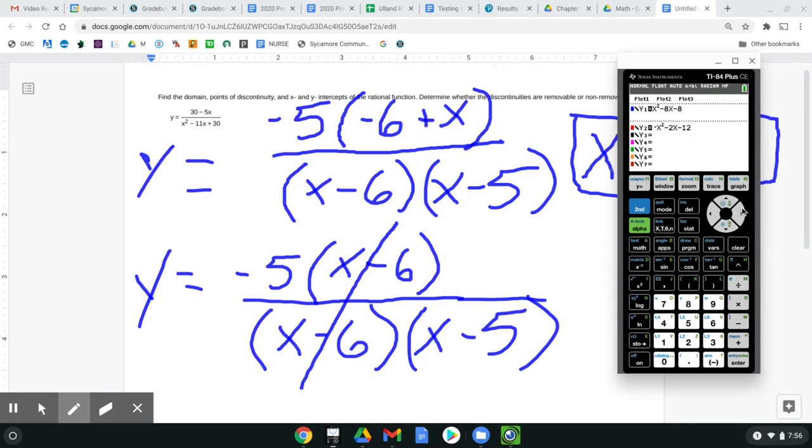Let's graph this. You're going to have to use parentheses to graph this stuff right.